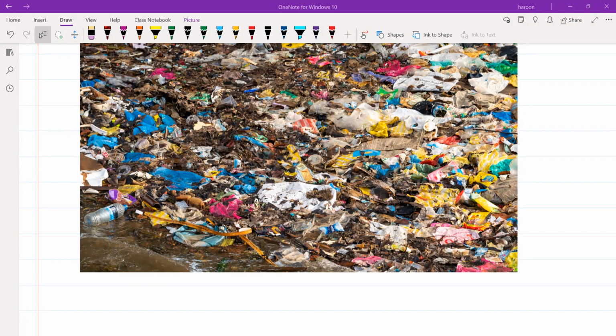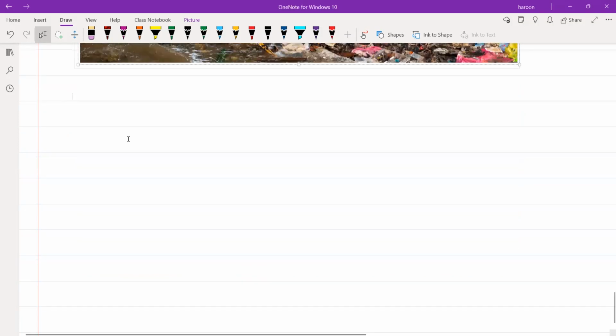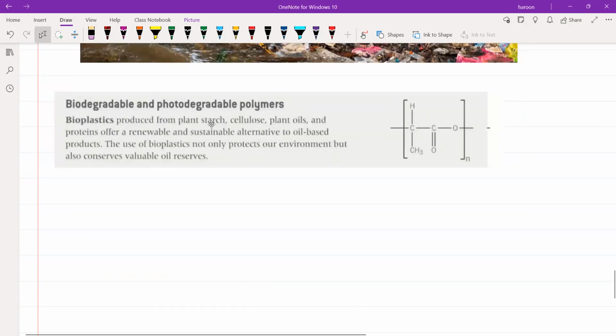They are known as bioplastics. Look here, the biodegradable, photodegradable polymers. These polymers can get degraded under light.